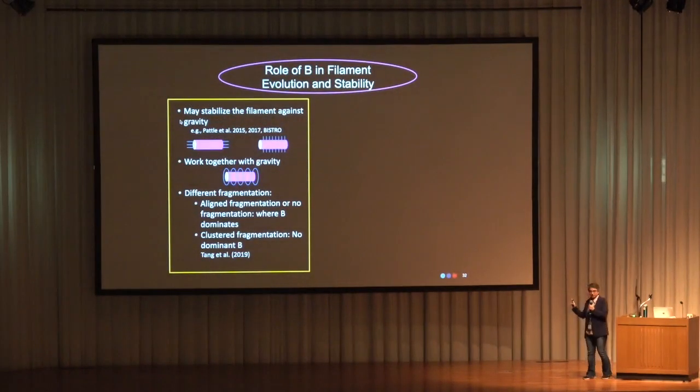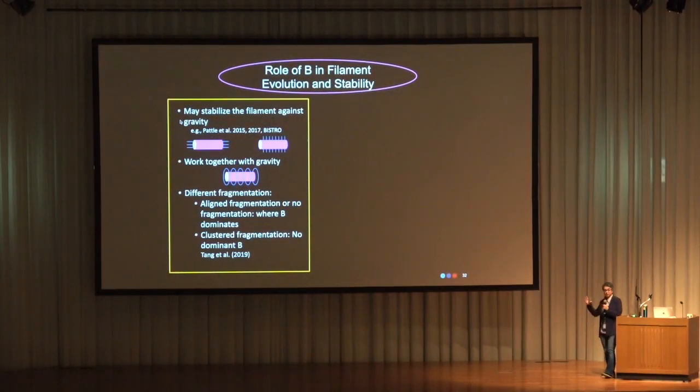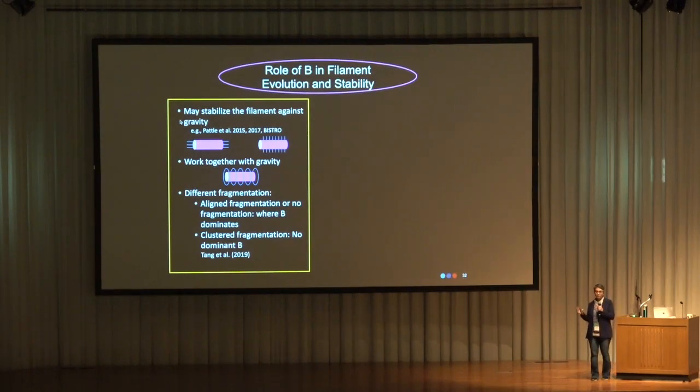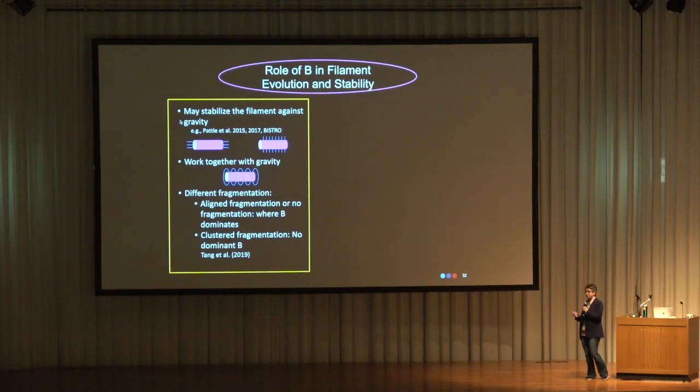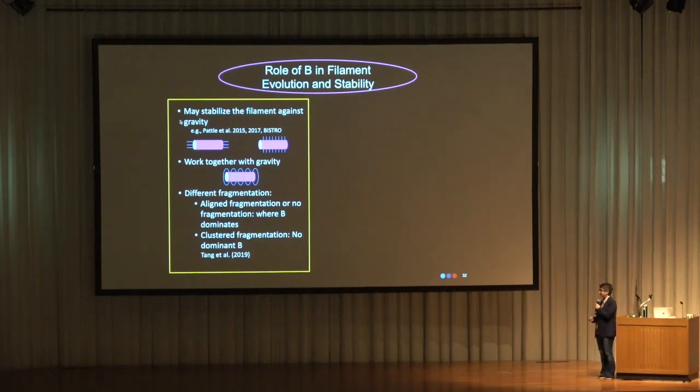So these magnetic fields may actually stabilize the filament against gravity, and that may depend on the morphology or geometry of the magnetic field with respect to the filament. A parallel or perpendicular magnetic field may stabilize the filament and hinder its fragmentation.